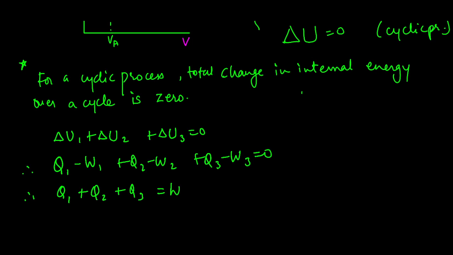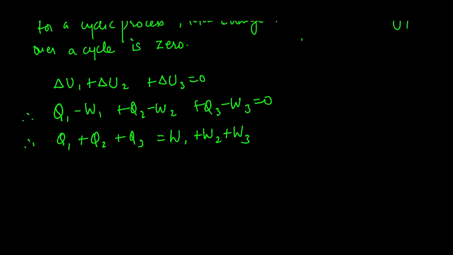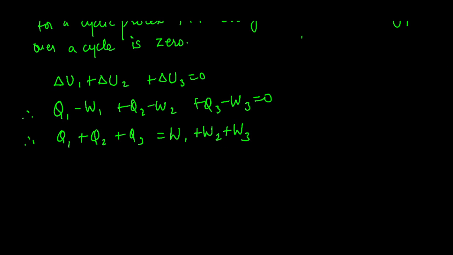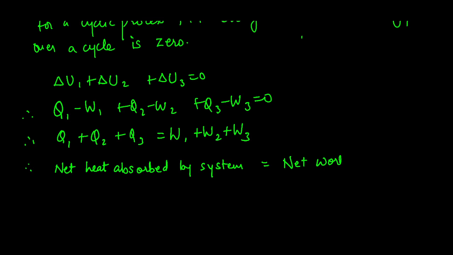Yes, Resha, that is exactly what you got. So Q1 plus Q2 plus Q3 equal to W1 plus W2 plus W3. So in words, net heat absorbed by the system equal to net work done by the system.